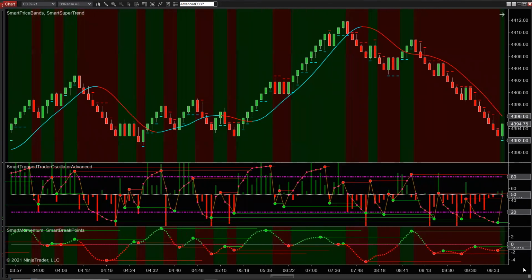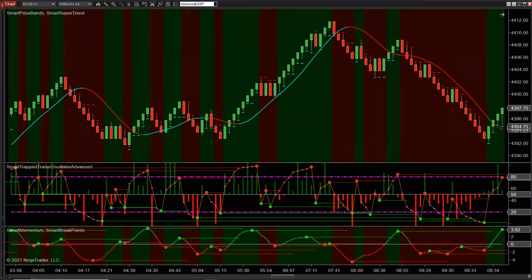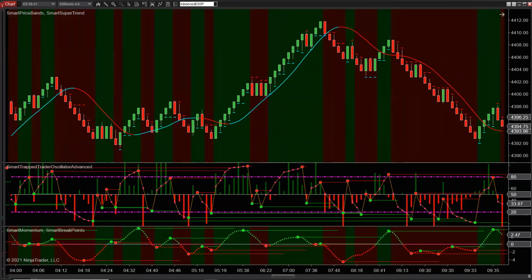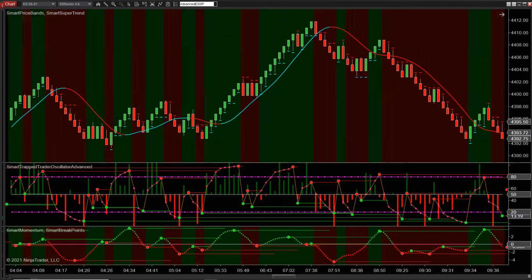Now this was yesterday. This is an old signal that we've used. Probably this was our first signal. So we go way up and we come down.